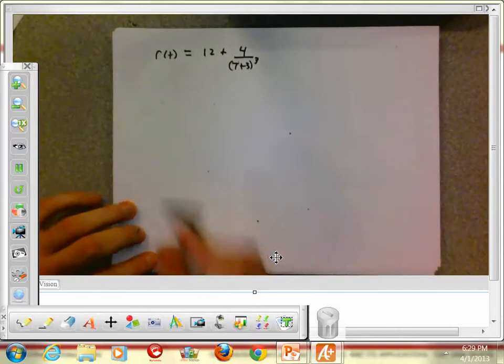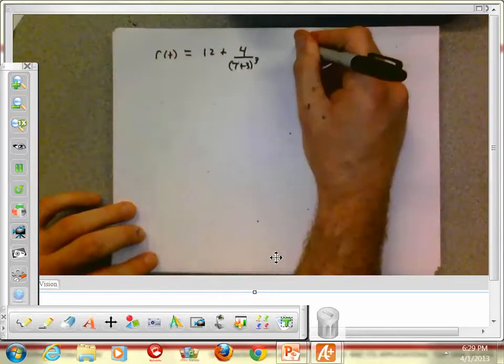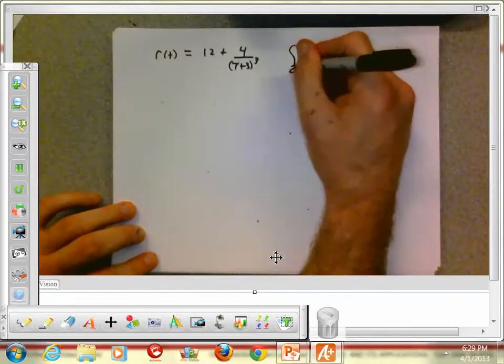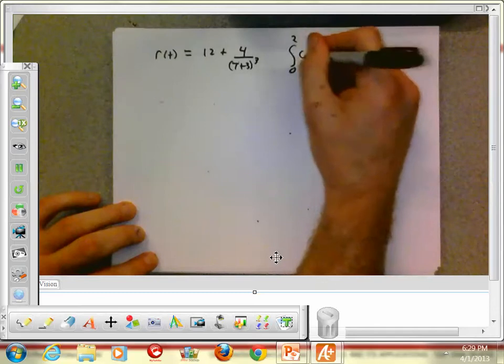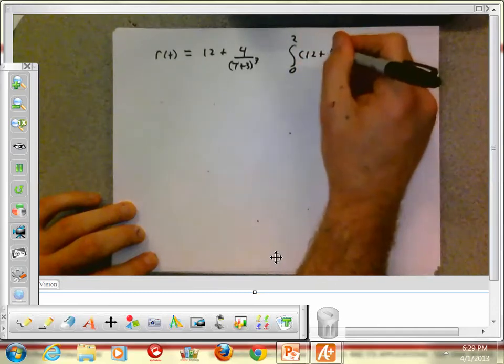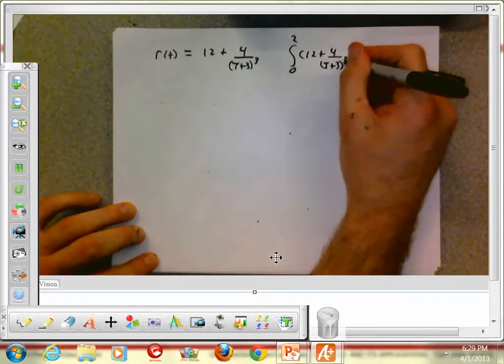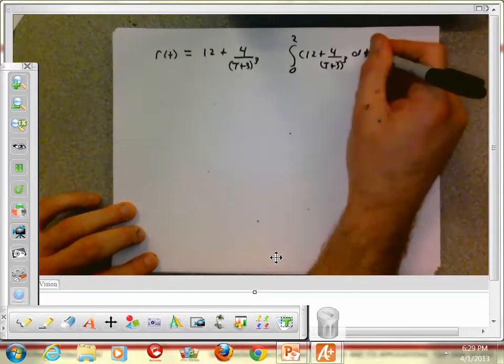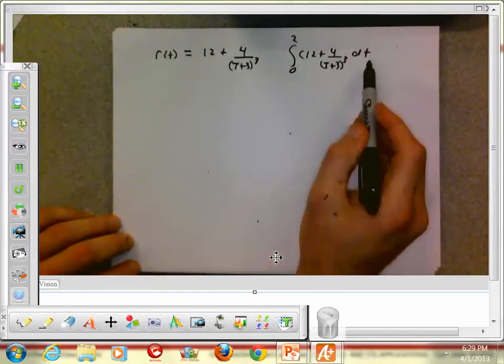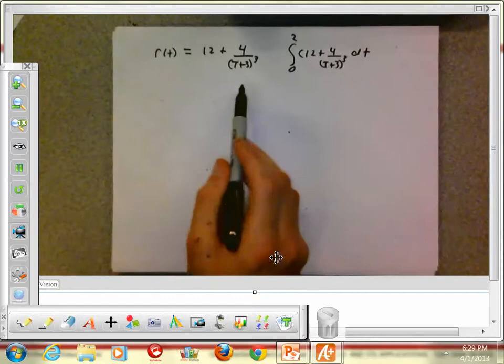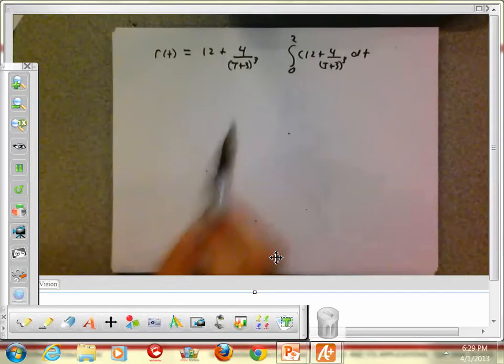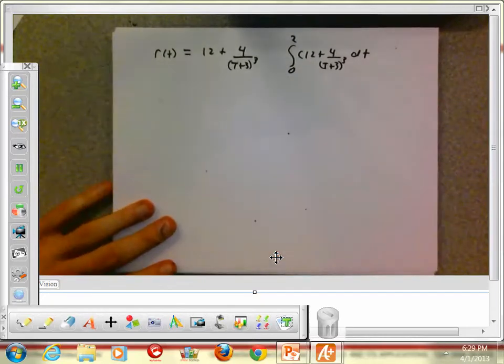What the question is asking is that we want to find the definite integral from 0 to 2 of 12 plus 4 over T plus 3 cubed dt. Notice I put a dt here, not a dx, because I want to integrate with respect to time. Very important.